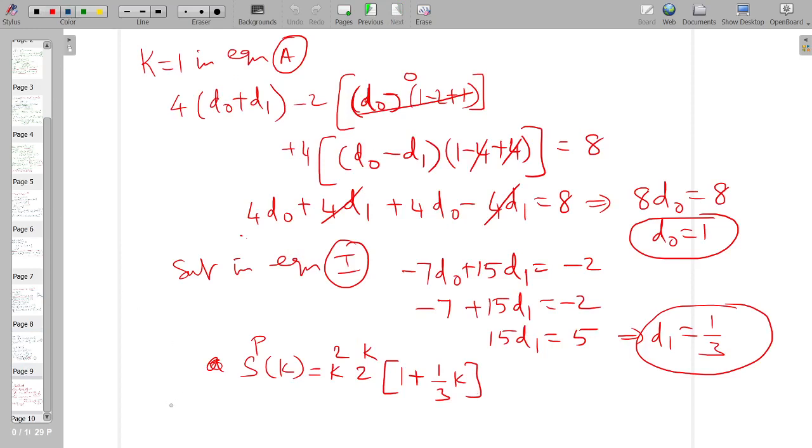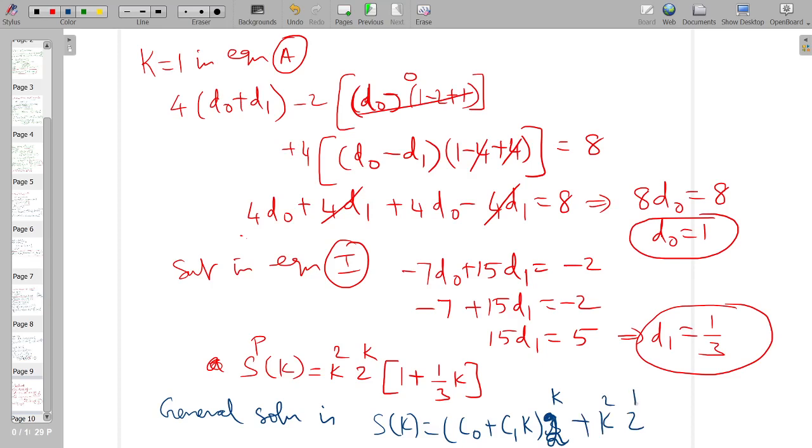So from this, the general solution is S of k is equal to c naught plus c1 k into 2 power k plus k squared 2 power k into 3 plus k whole divided by 3.